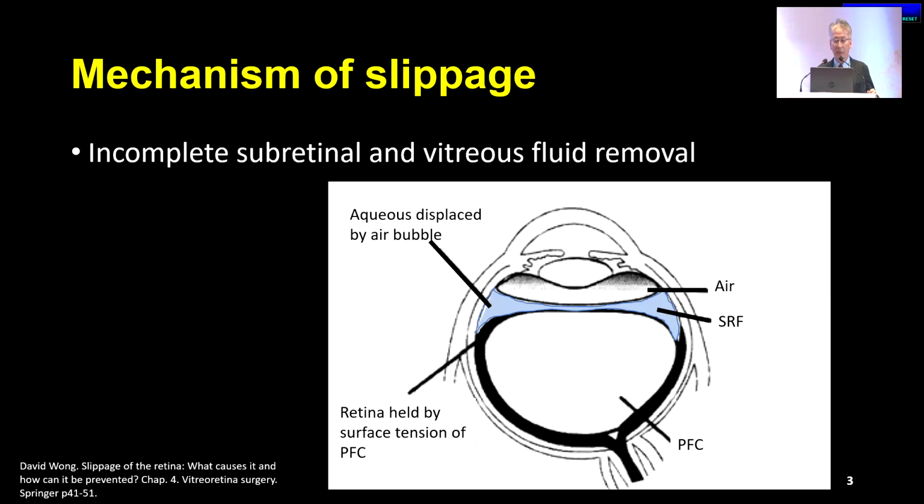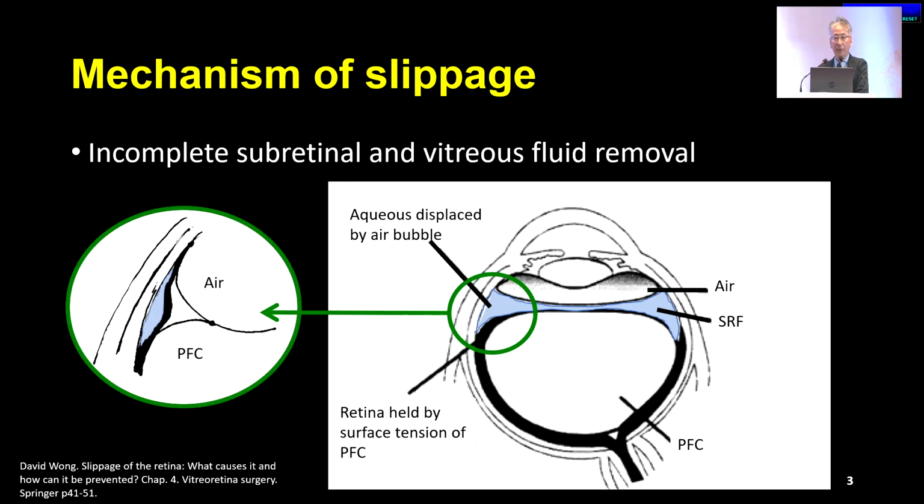When you have the perfluorocarbon, the flap sits on the perfluorocarbon, and then you have a space for the aqueous. When the air comes in, the subretinal fluid was sequestrated underneath the retina, and then when you go further with the gas, this fold, because of gravity, comes lower, even onto the macula.